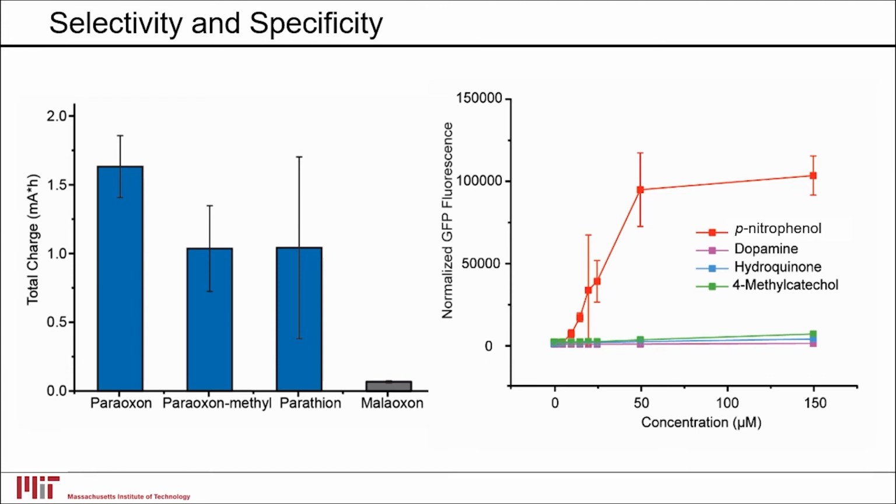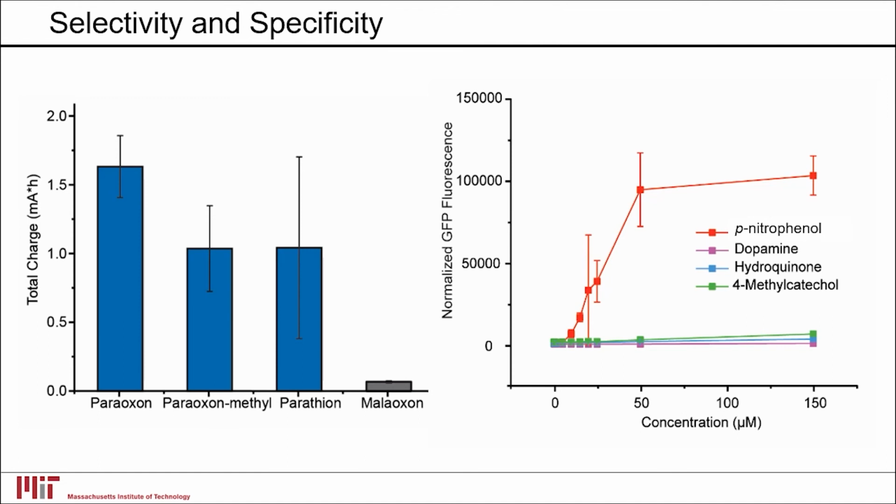So we can see on the left here that if we evaluate pesticides that are similar in structure to paraoxon, including paraoxon-methyl and parathion, we similarly see charge accumulate, as you would expect, because these degrade to the same PNP product. In contrast, if we use a less prevalent pesticide, malaoxon, that does not degrade to PNP, we don't see a response from our sensors. And this gives us confidence that we're specifically detecting this class of pesticides that degrades to PNP.